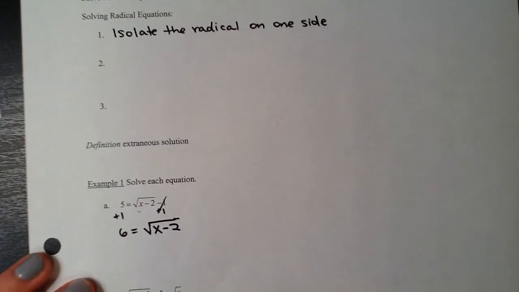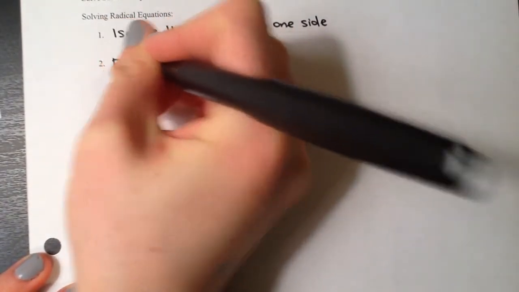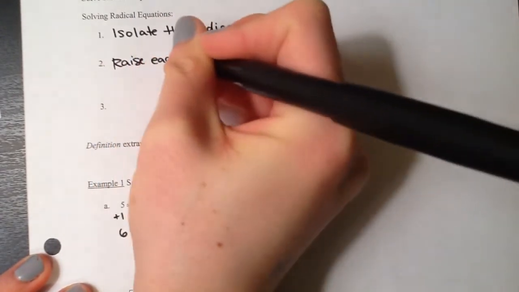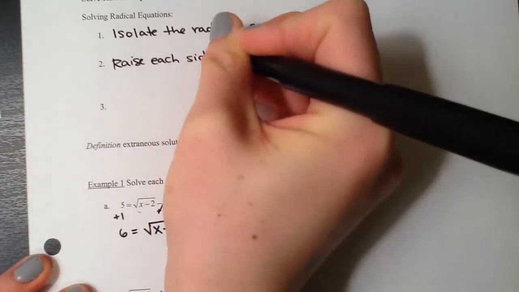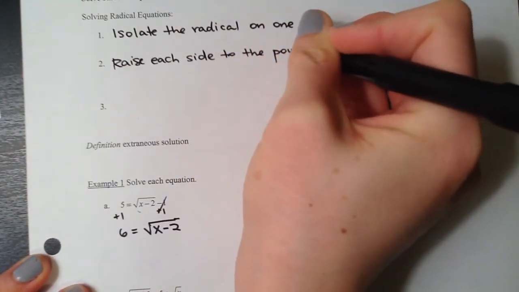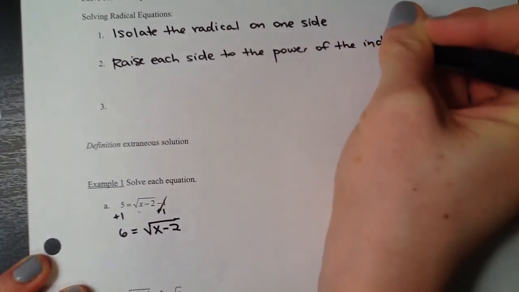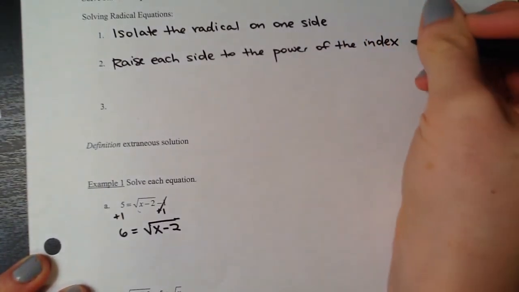All right, step number 2, raise each side to the power of the index to eliminate the radical.